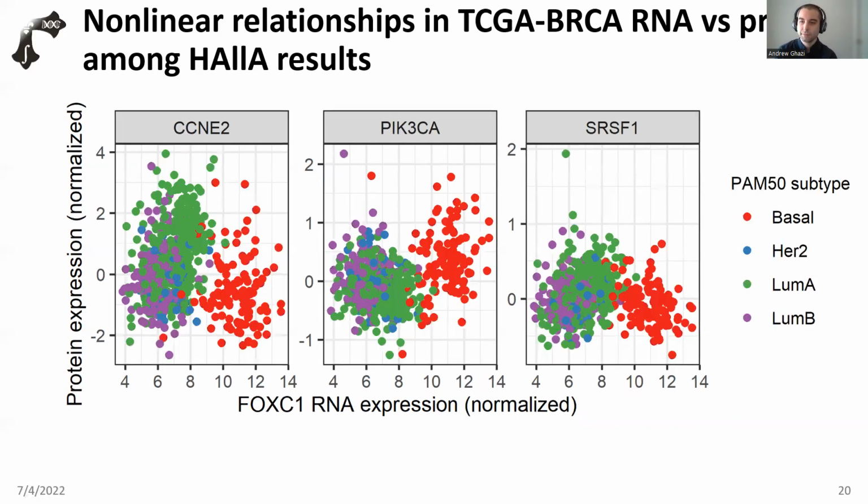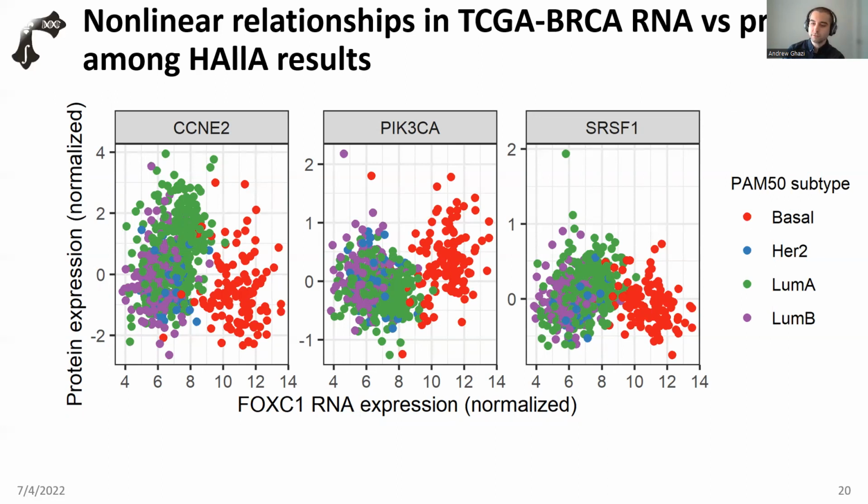But then we noticed that when you overlay the subtype of cancer, that's explaining this U-shaped relationship that we see in these three genes. And as far as we can tell, this finding is new. So the way you would interpret this is there's an increased FOXC1 RNA expression. The increased expression of FOXC1 seems to have a strong effect on the level of these three proteins in a way that varies with subtype.